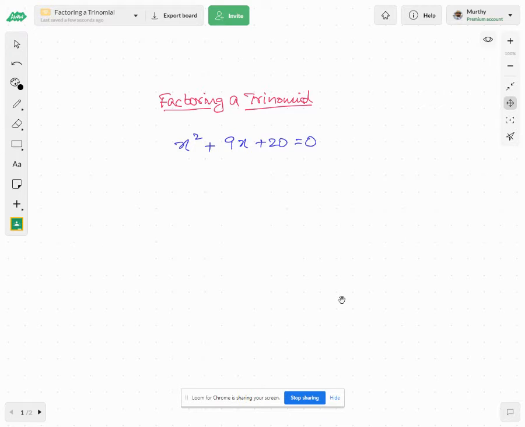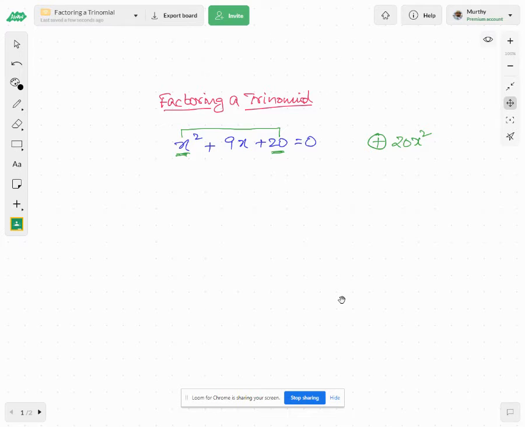So let's see how it goes. Step 1 is you multiply the extremes. Extremes means the first one is to be multiplied with the last one, and the product is 20x square. Please consider the sign also. Why, I'll explain in my next problems.